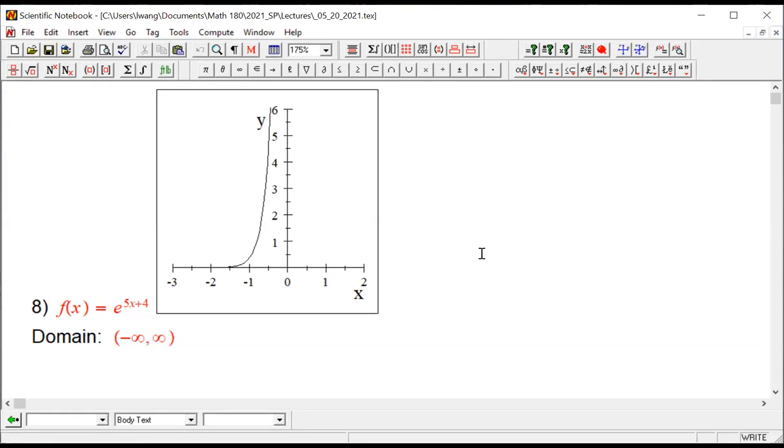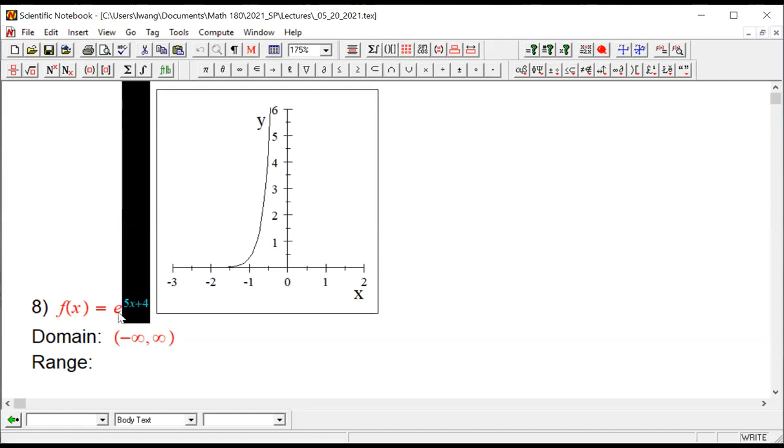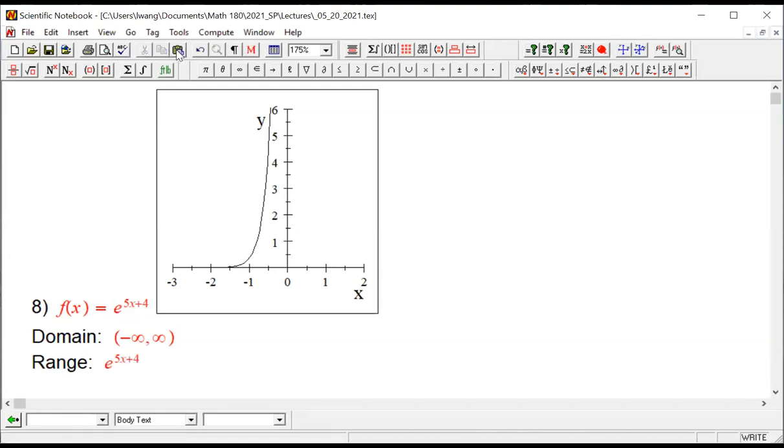All real numbers. And what's the range? Well, e to the power of anything is always positive, larger than 0. So the range is all positive numbers.